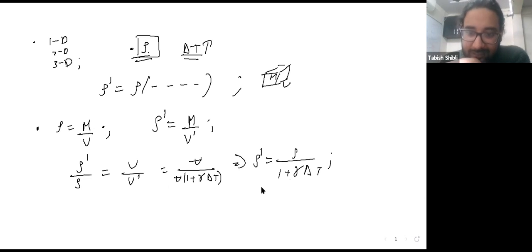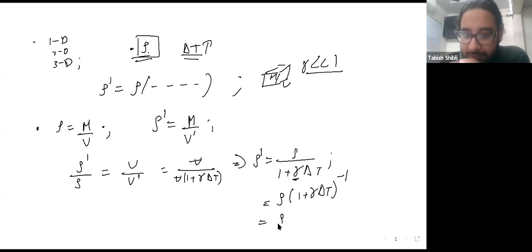क्या इसको और simplify कर सकते हैं? Well, इसको simplify कर सकते हैं if you notice that gamma is very, very small compared to 1. Since gamma is very small, you can write this as 1 plus gamma delta t to the power minus 1, and you can just use your binomial expansion to write 1 minus gamma delta t.